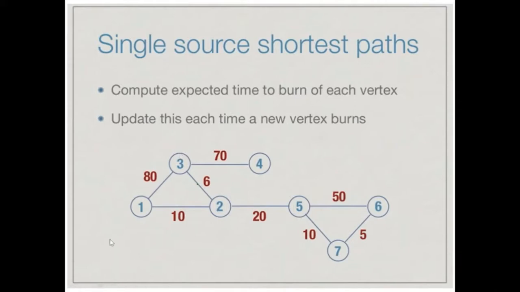Traveling from 1 to 3 will take time infinity, from 1 to 2 infinity, from 1 to 4 infinity, from 1 to 5 infinity, then 7 infinity, then 6 infinity. So initially the cost of reaching from a particular vertex to another one is infinite.